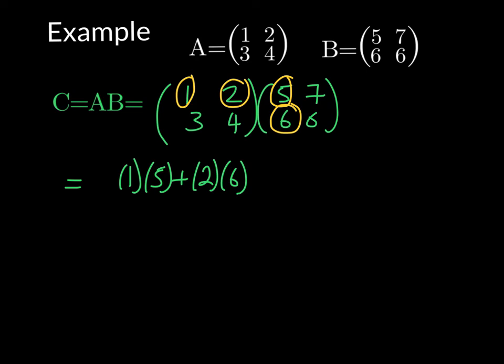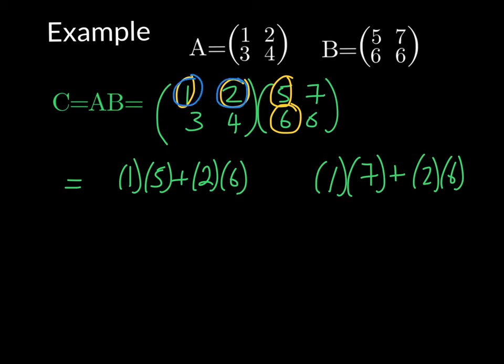So element C12 is now calculated as 1 multiplied by 7, add 2 multiplied by 6. That is this row combined with this column. Okay?